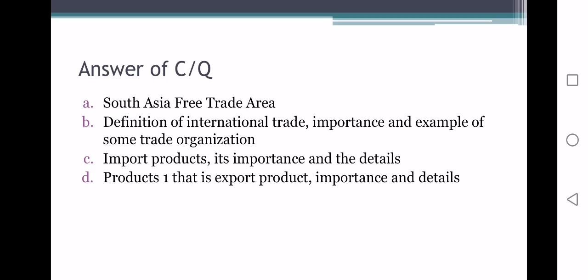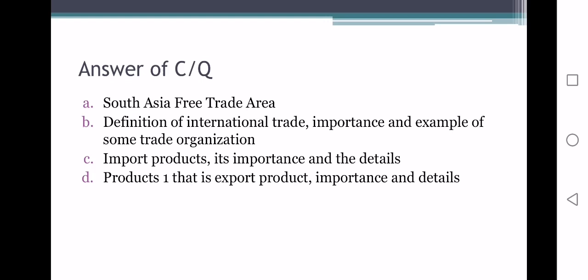Here you can write the importance of international trade. We have known that no country in this world produces the products as per its demand. So it goes for import, and at the same time it exports some products to other countries. I'm giving you an example here.